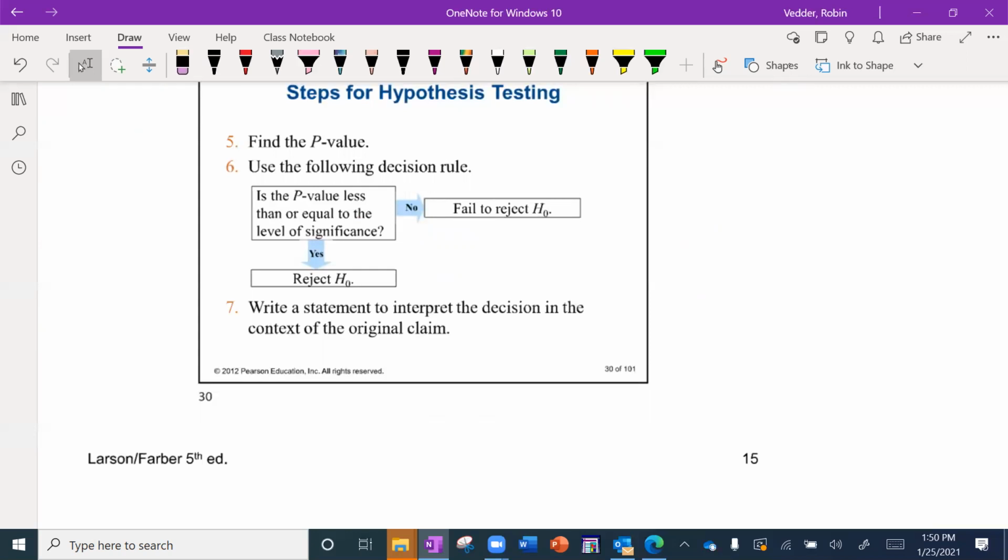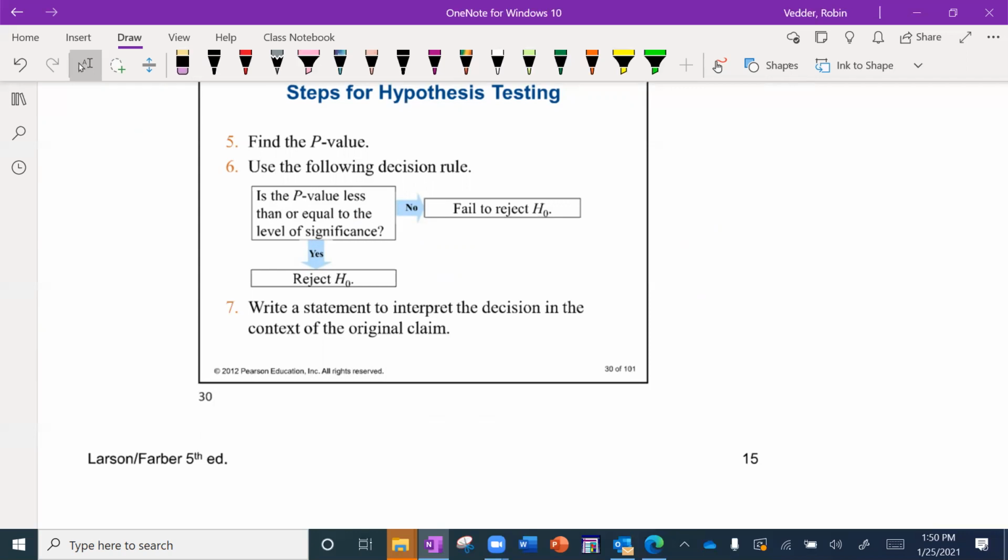Step 6, use the following decision rule. Is the p-value less than or equal to the level of significance? So is p less than or equal to alpha? If it is, reject the null. If it's not, fail to reject the null. And finally, step 7, write a statement to interpret the decision in the context of the claim.